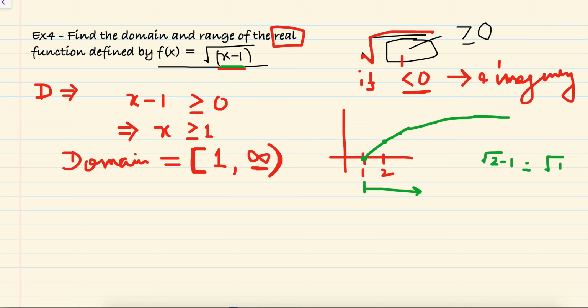So its range, it can never be negative. So its minimum value would be 0, and for infinity, the square root of infinity would obviously be infinity.